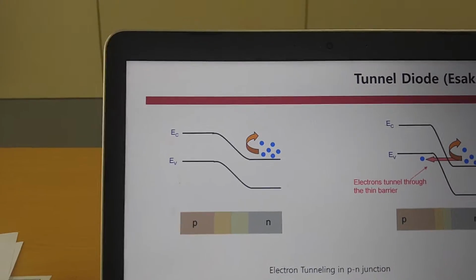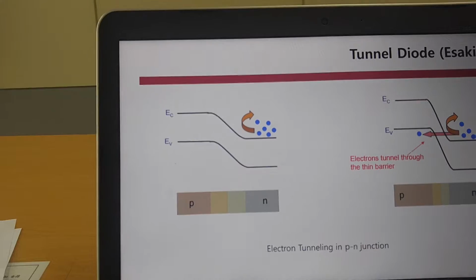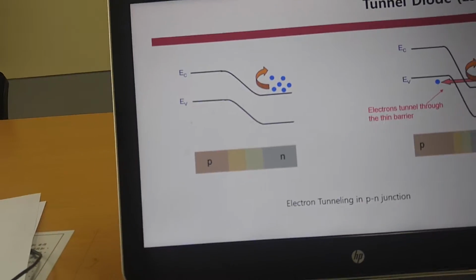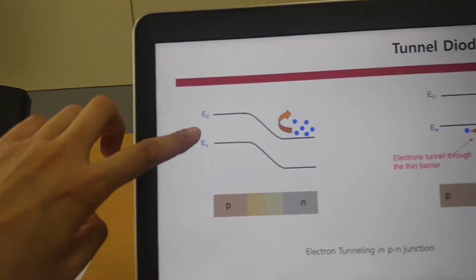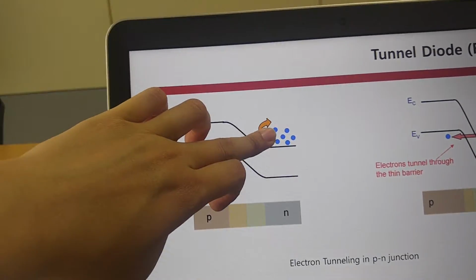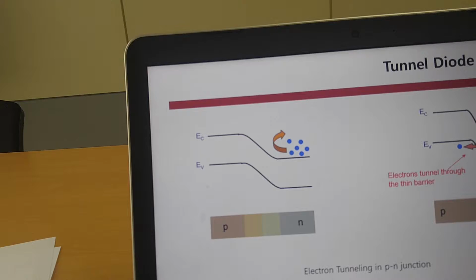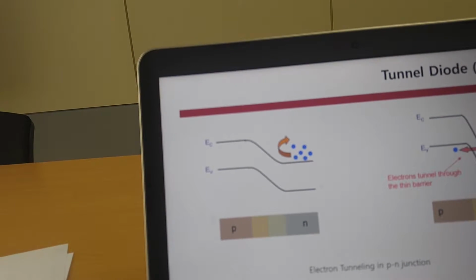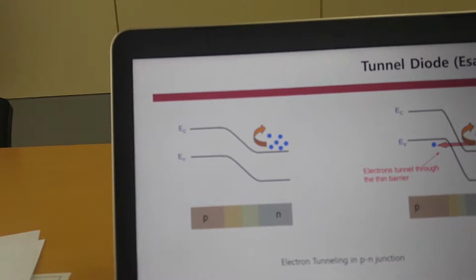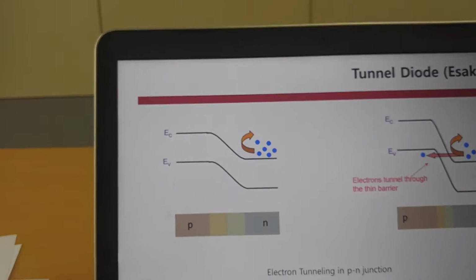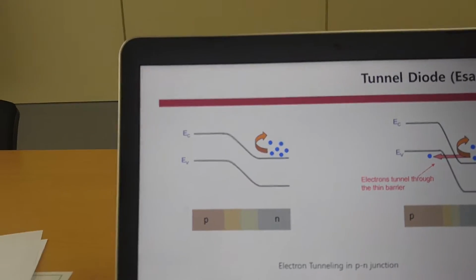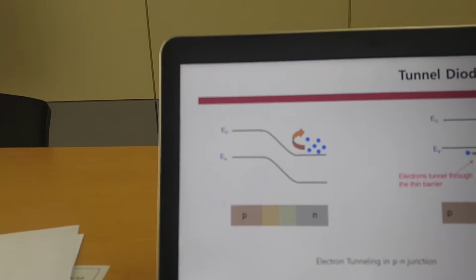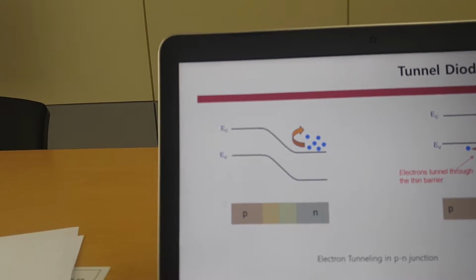For the next section, seeing this diagram, if forward bias is given to the PN junction, as the voltage is increasing, electrons would go through the PN junction barrier, and the empty hole states in the p-type valence band will be aligned with the n-side states in the conduction band, and finally, electrons would fill the empty states.